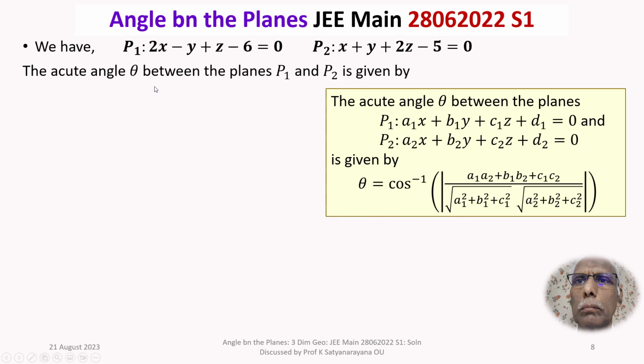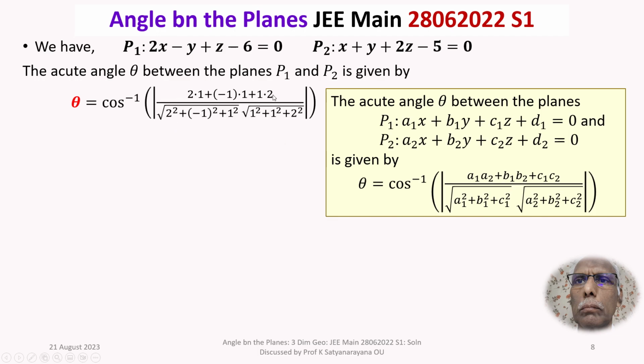Then the angle theta in our case is given by simply substituting in this formula. A1 = 2, B1 = -1, C1 = 1, A2 = 1, B2 = 1, C2 = 2. Substituting this data, theta = cos inverse of this. Now simplify.